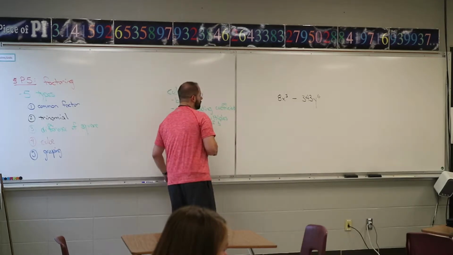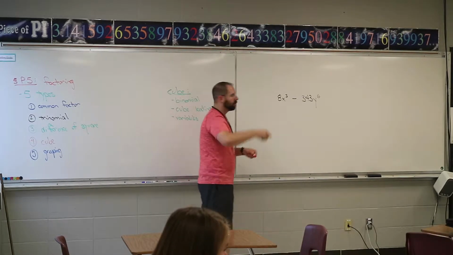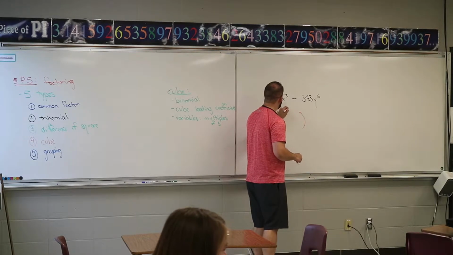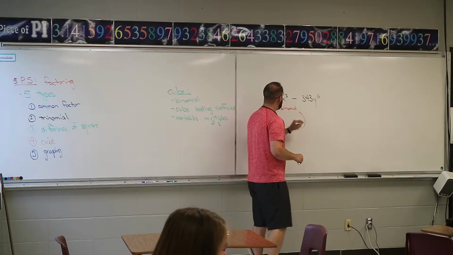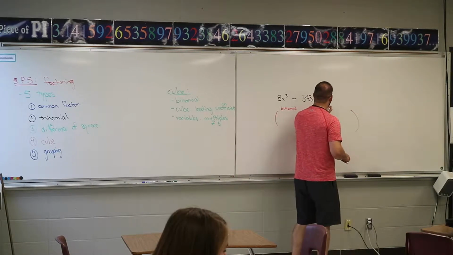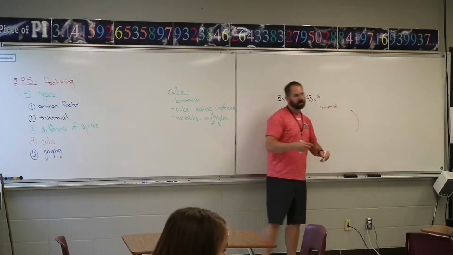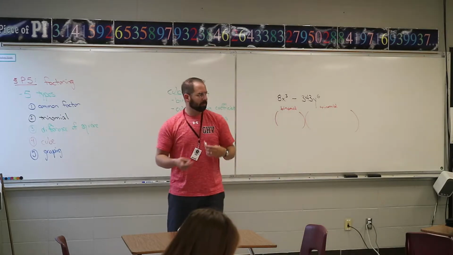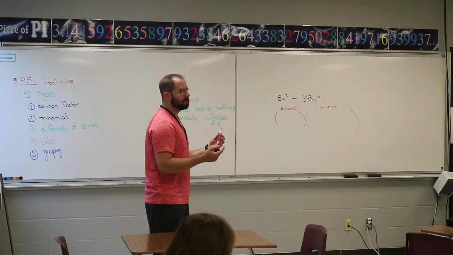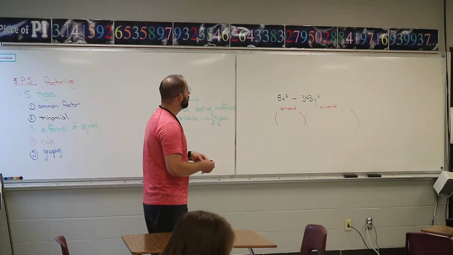And so the rule is you have to have a small parenthesis and a large parenthesis. So it's got to be a binomial here. In fact, I'm going to write that. This has to be a binomial first, and then you have to have a trinomial in the back. Now, why I'm taking the time today to talk about this again: this is one I'm always worried about. It's more difficult, I think, than the other ones.